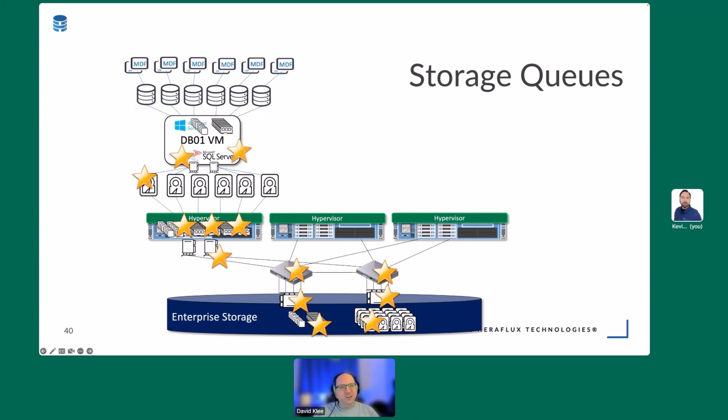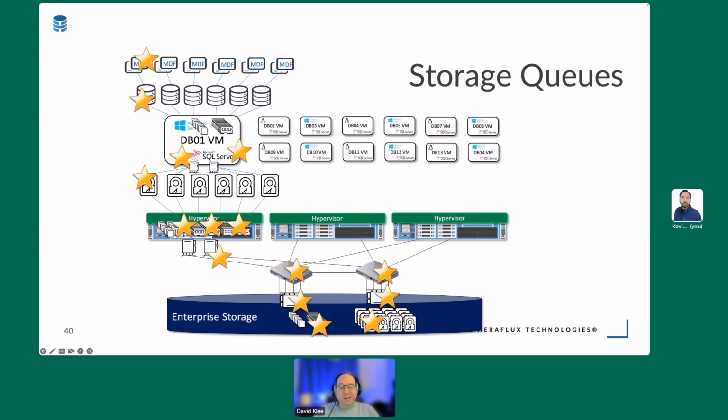Then you've got the storage engine inside SQL Server. Then you've got your individual database queue. Then you've got the data file queue. And all of this is how you work backwards and forward through all these. And that's just one machine. Now multiply it times however many SQL servers you've got. There's a lot of layers in there. If all of these are not set properly, you've got to watch out because it'll backfire.